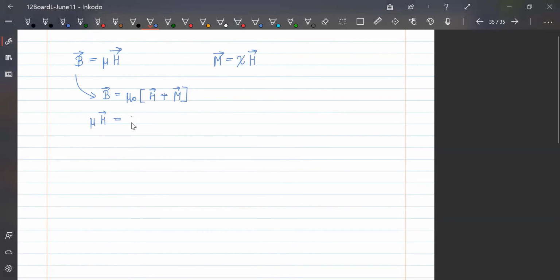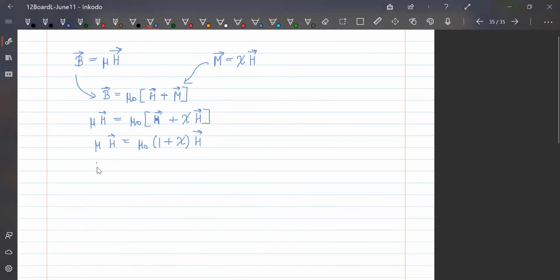Then mu naught H vector I can keep like this, and M vector I can put here. M vector will become xi H. So this will be mu H vector equals mu naught H vector into 1 plus xi, that is mu naught into 1 plus xi into H vector.